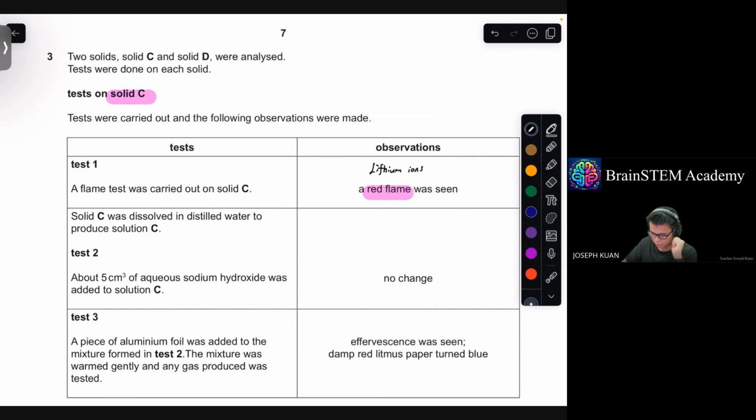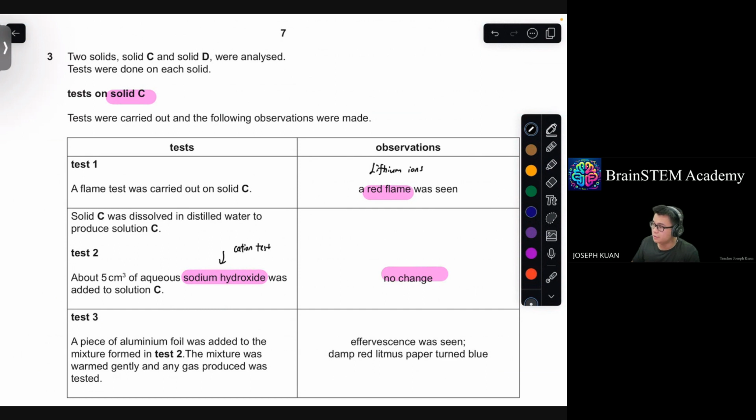Then solid C was dissolved in distilled water to produce solution C. Test 2: 5 cubic centimeters of aqueous sodium hydroxide was added to solution C. So this is a cation test, but we see that there is no change.